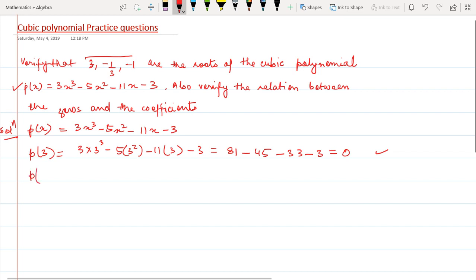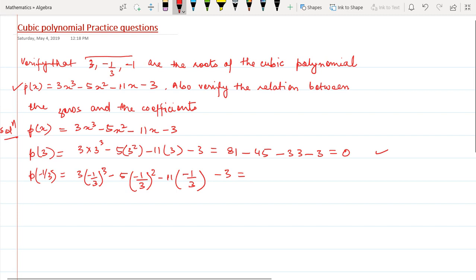Let's put p of minus 1 by 3 here. This becomes 3 into minus 1 by 3 the whole cube minus 5 into minus 1 by 3 the whole square minus of 11 into minus 1 by 3 and minus of 3.